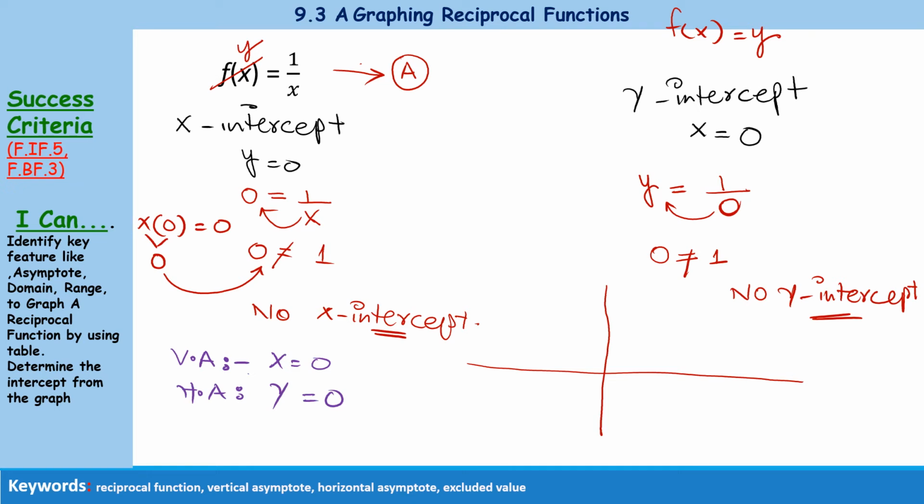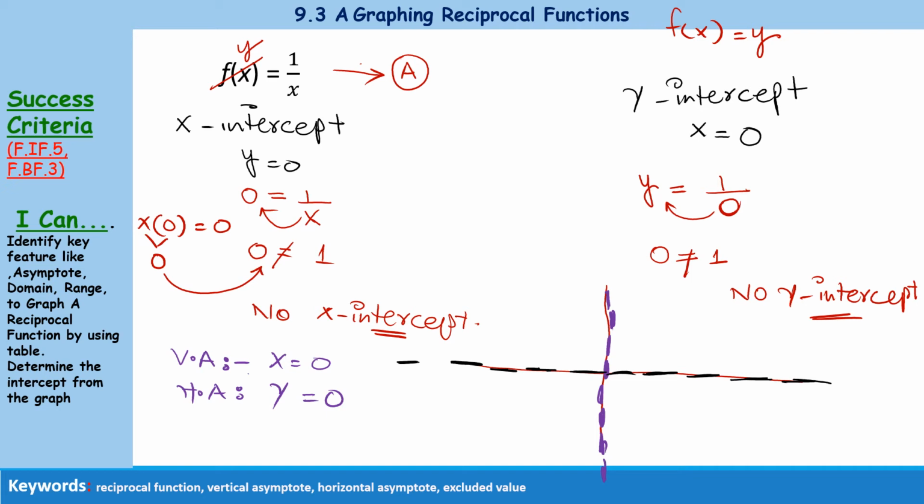X equals 0 means you have a vertical line, show it at 0 as a dotted line. You have the horizontal asymptote y equals 0, so make a horizontal line at 0. Now, after that, you have no x-intercept and no y-intercept.